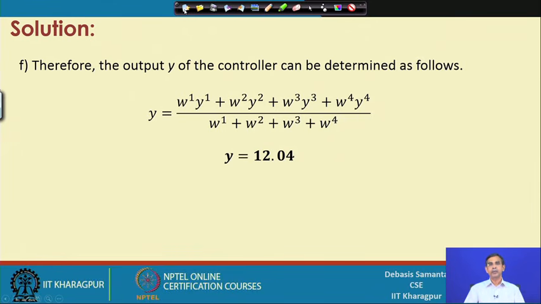The two approaches have their own advantages as well as disadvantages. As I told you, the Mamdani approach is easy to interpret, meaning the rules are interpretable.